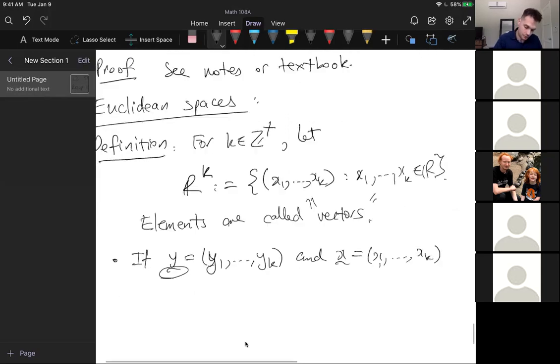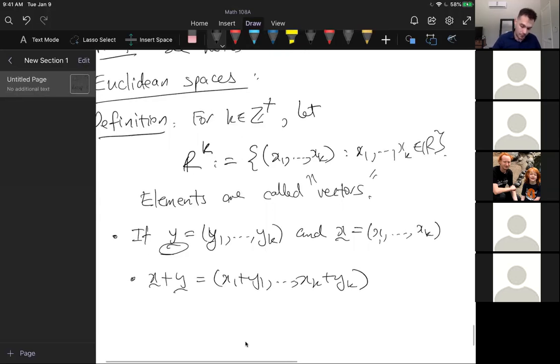what's the sum? So I have the sum x plus y is equal to x1 plus y1, up to xk plus yk. And then I can also scale, right? So I have alpha times a vector as being alpha x1 up to alpha xk, for alpha real.